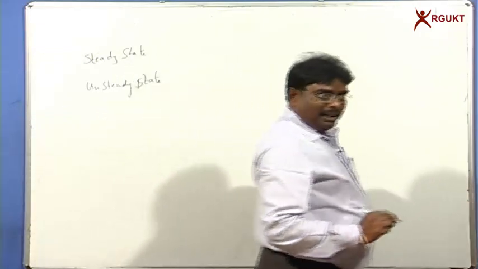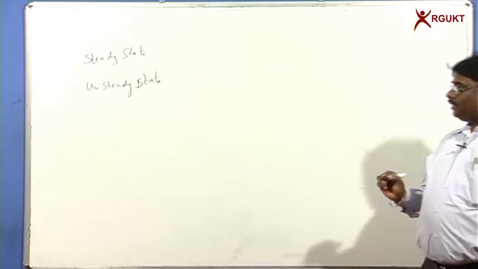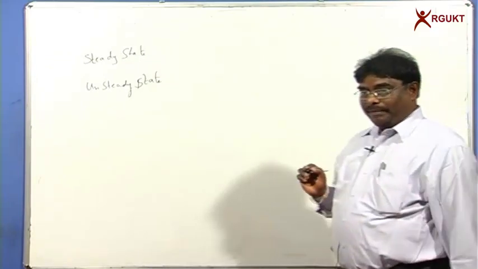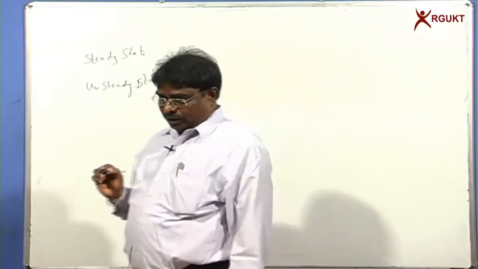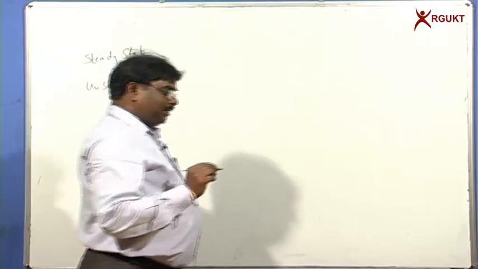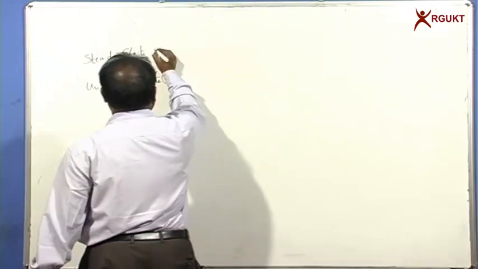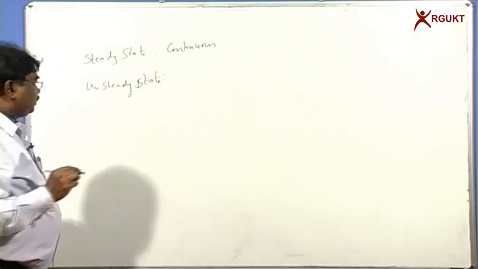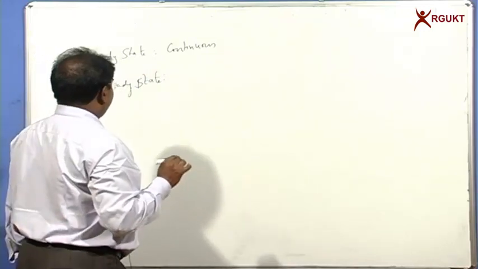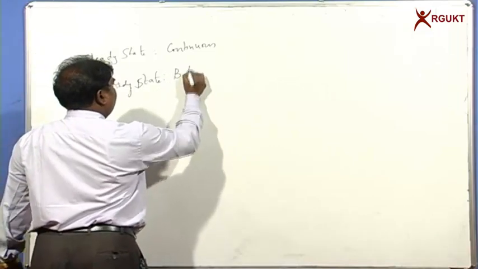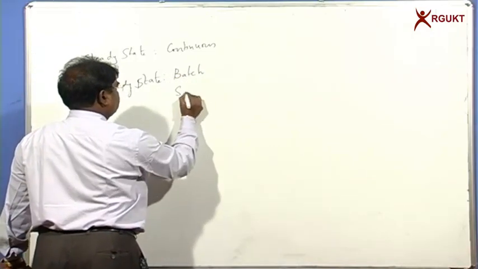If anything varies with time, we call it unsteady state; if it does not vary with time, we call it steady state. So a separation process can be carried out in steady state, which is a continuous process, or in unsteady state fashion, which may be a batch process or a semi-batch process.